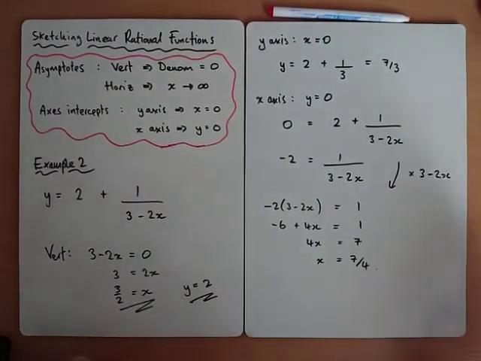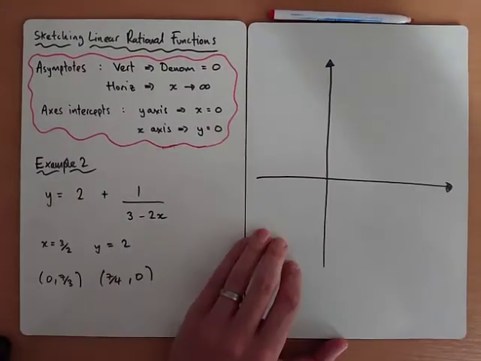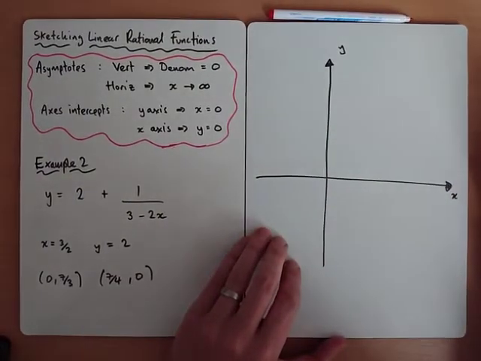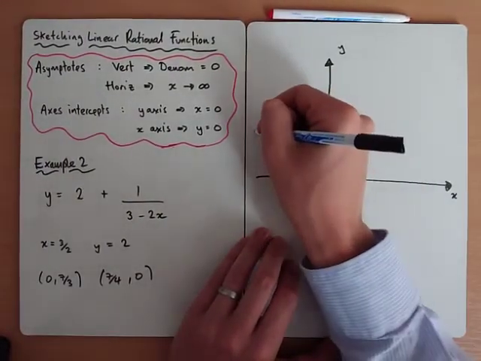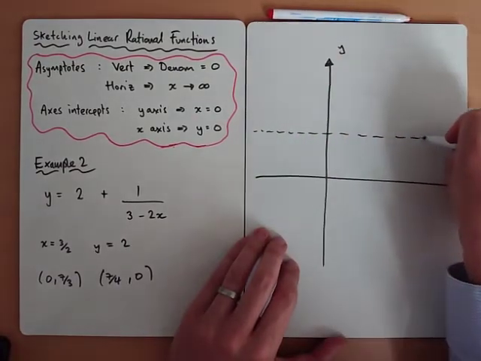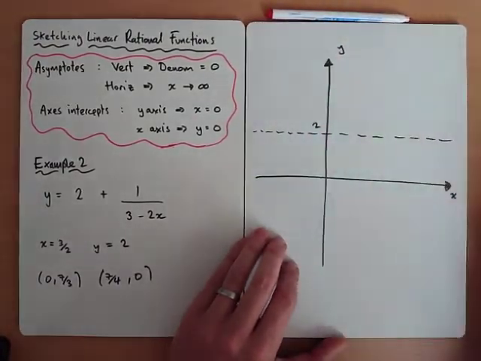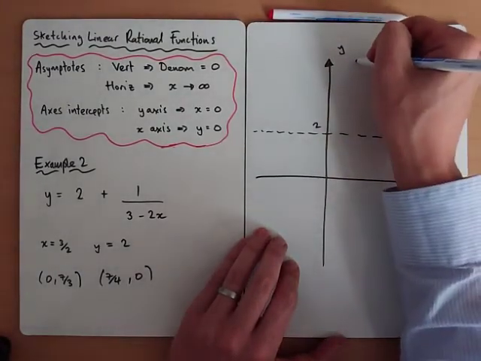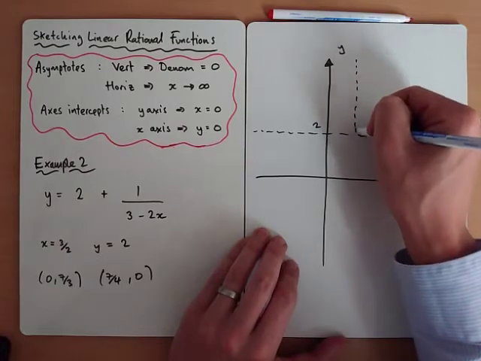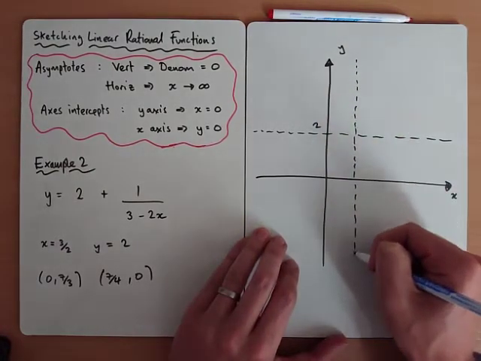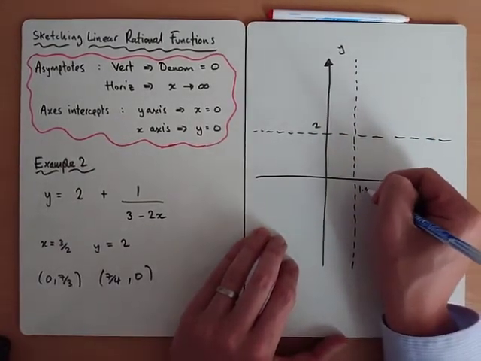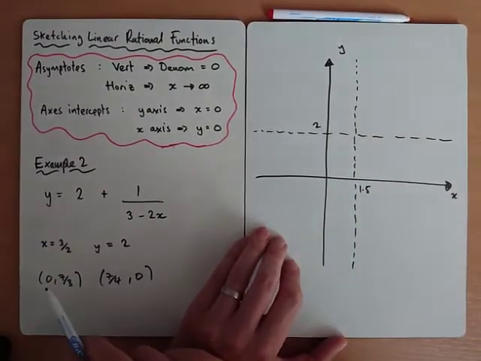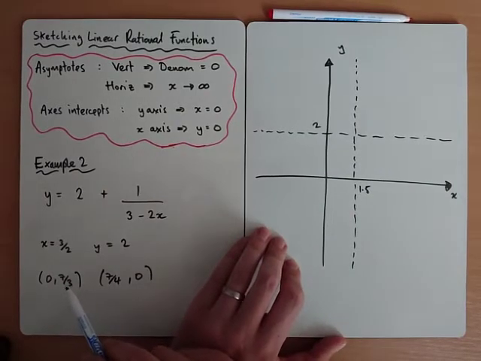Okay, so I'm going to give myself enough space for this one. We've got y equals 2 for our horizontal, and x equals 3 over 2, which is 1.5, so slightly less, for your vertical one. And then it goes through (0, 7 over 3).